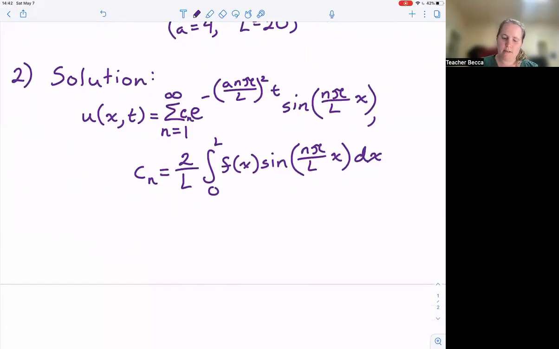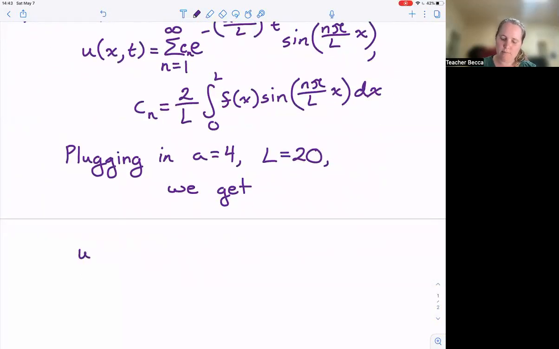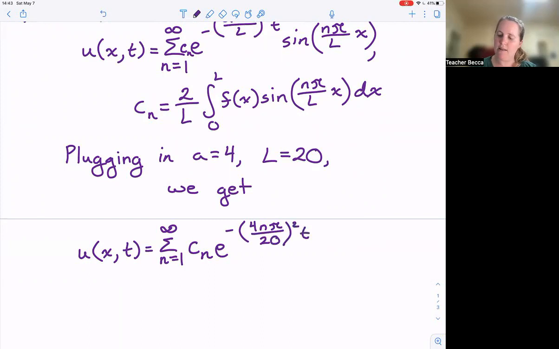So plugging in A equals 4 and L equals 20, we get U of x t is the sum from n equals 1 to infinity of c sub n times e to the negative 4n pi over 20 whole fraction squared t times sine of n pi over 20 x.